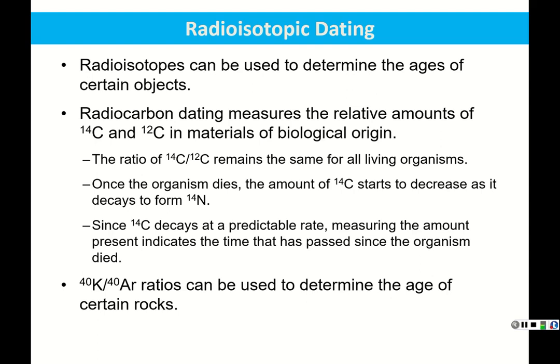But once an organism dies, the amount of carbon-14 in it starts to decrease, and it decays to form nitrogen-14. Since carbon-14 decays at a predictable rate, it's always constant, you can measure the amount of time since something has died by measuring the ratio of carbon-14 to carbon-12 in a sample.